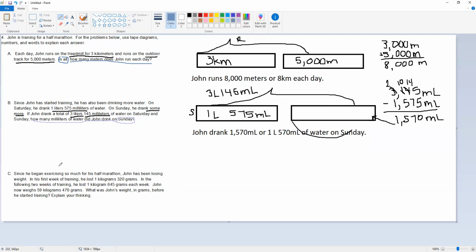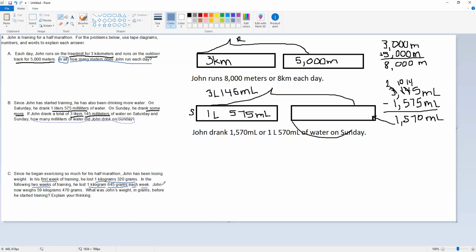So let's look at the different parts. So we know he's exercising, he's losing some weight. So the first week, he lost this much, 1 kilogram, 320 grams. In the following 2 weeks, so we're talking about 2 more weeks time, he loses 1 kilogram, 645 grams each week.